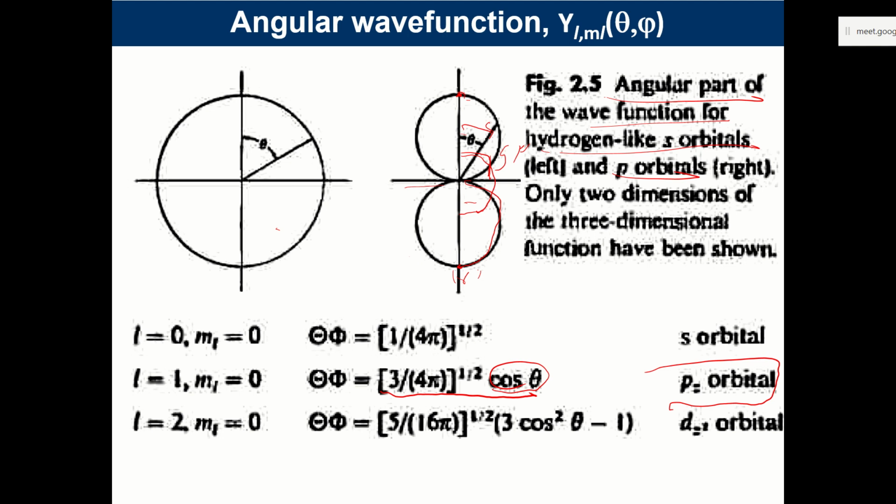So there are two quadrants where cos theta is positive, there are other two quadrants where cos theta is negative, and that's why you'll see.